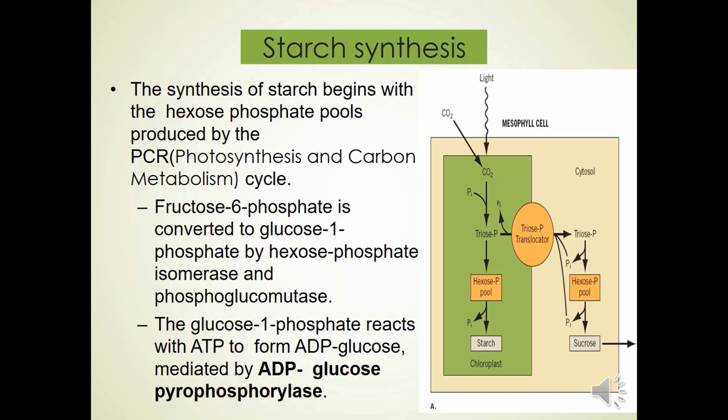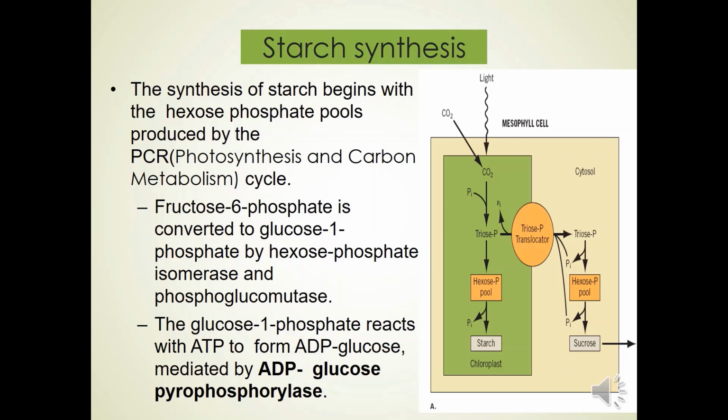With an accumulation of triose P, it will make a hexose sugar. So this hexose phosphate can become many, and we call it the hexose phosphate pool. The hexose phosphate pool will have its inorganic phosphate removed and synthesize the starch. That is about the synthesis of starch in the chloroplast.